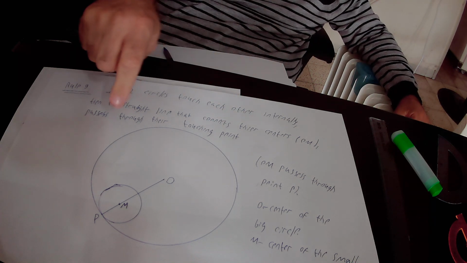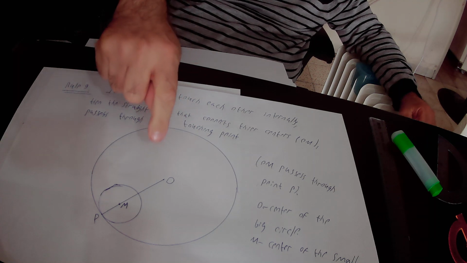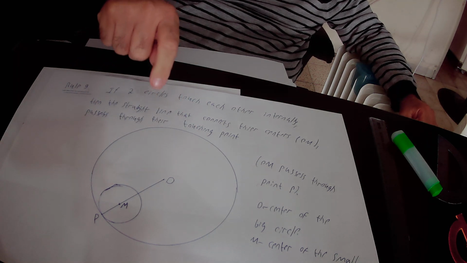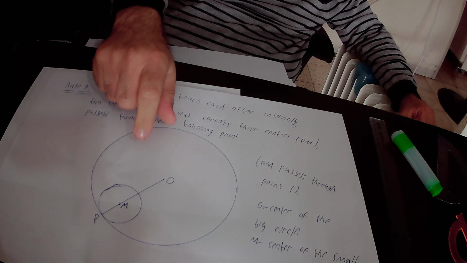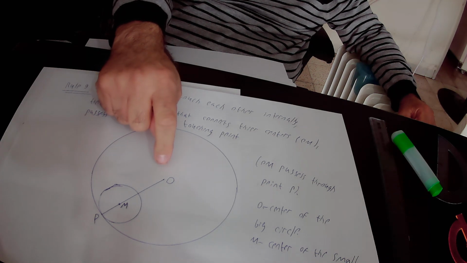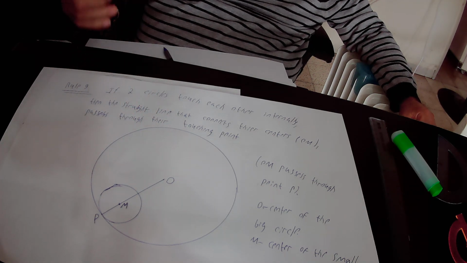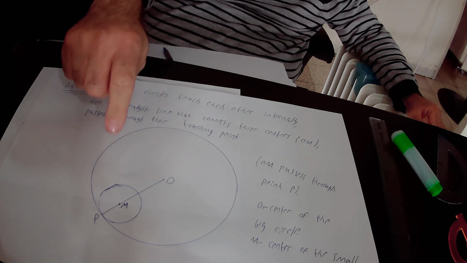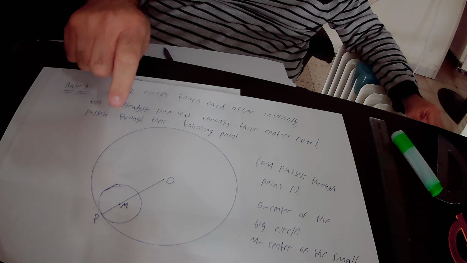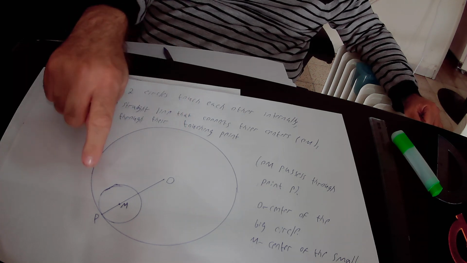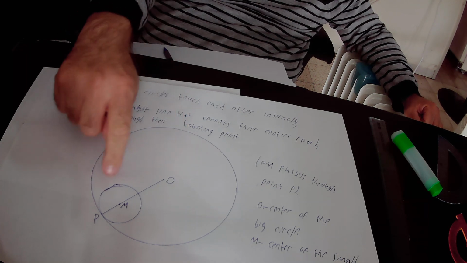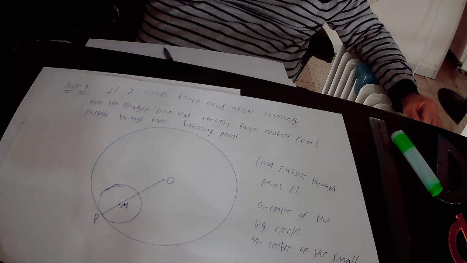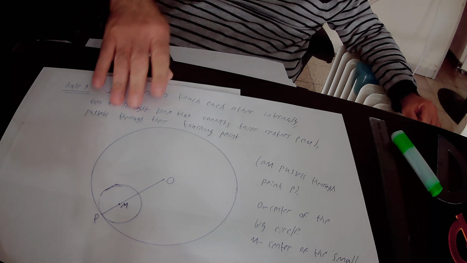The center of the biggest circle is at point O, the center of the small circle is at point P. The straight line that connects their centers together is the straight line OP, and according to rule number 9, the straight line OP must pass through point S, that is their touching point. Or OPS is one straight line.